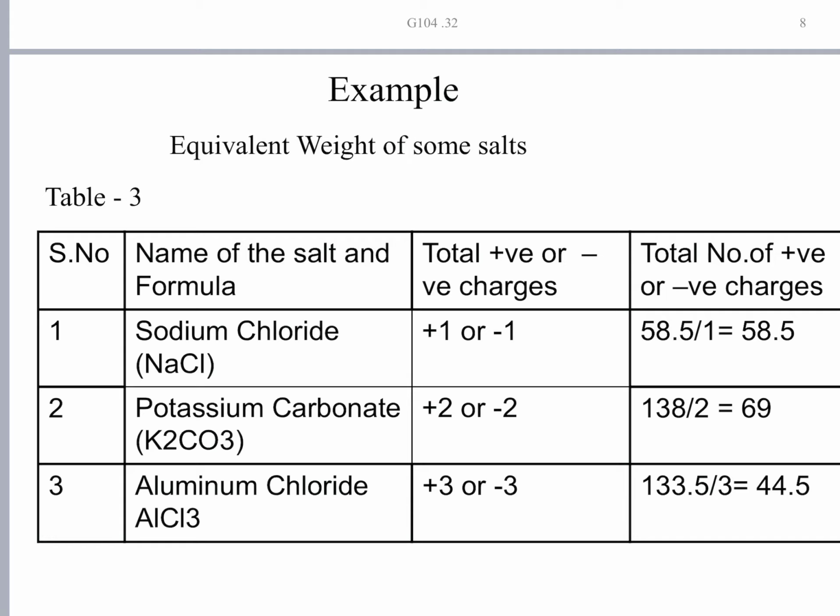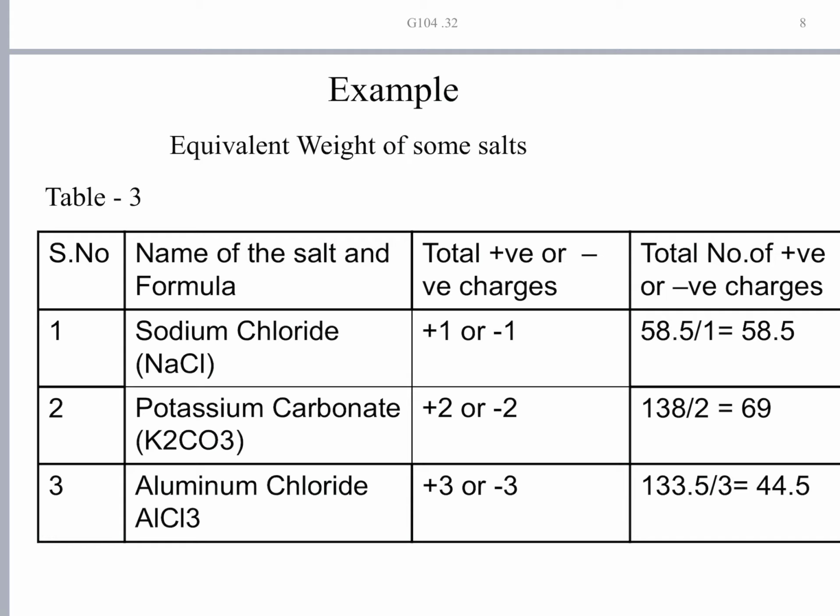So far we have covered the equivalent weight definition. Equivalent weight is the weight of a substance that combines with 1 gram of hydrogen, 1.008 grams of course, or 8 grams of oxygen or 35.5 grams of chlorine.